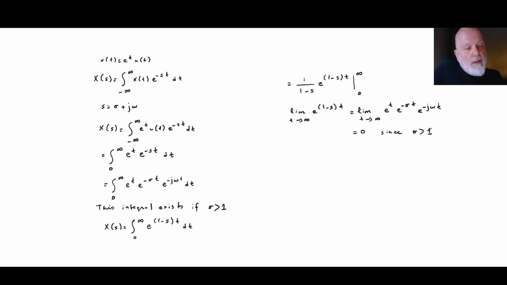Okay, so at infinity, as t tends to infinity, the result becomes 0, and at 0, we have minus 1 over 1 minus s, or 1 over s minus 1. So this is the Laplace transform of e to the t u of t.